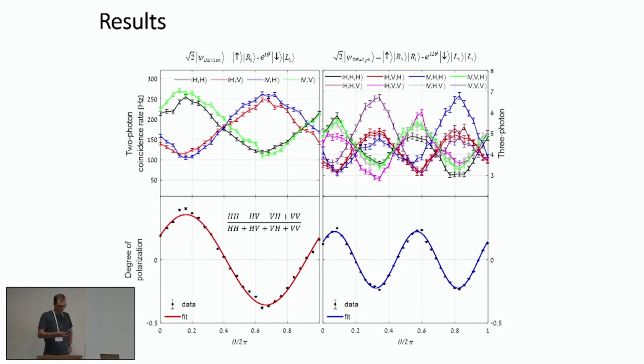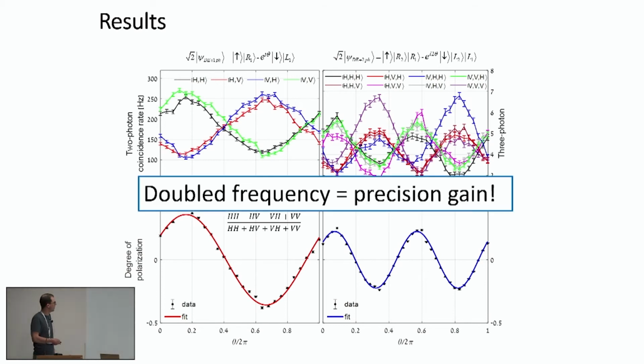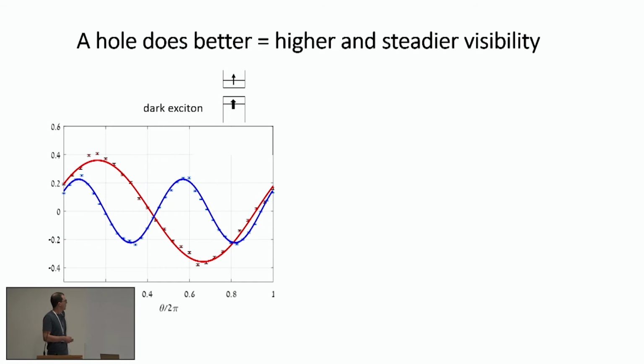Okay, and by this we demonstrate that the double frequency is essentially again in the precision of theta. So here again are the results on one plot, and you can see that from the case of just one photon to two photons, there is a reduction in the contrast.